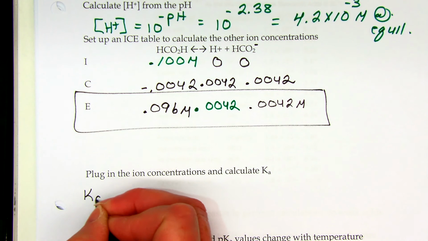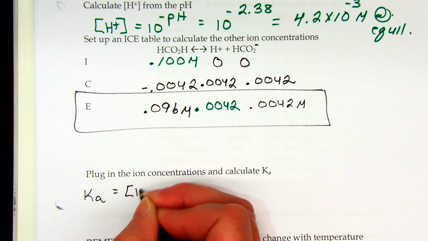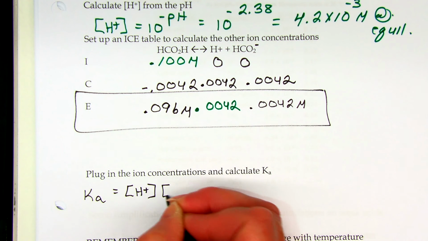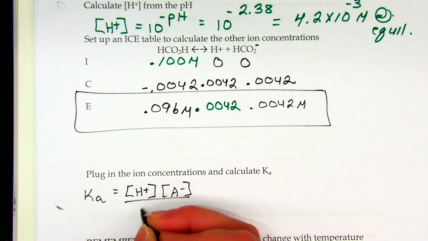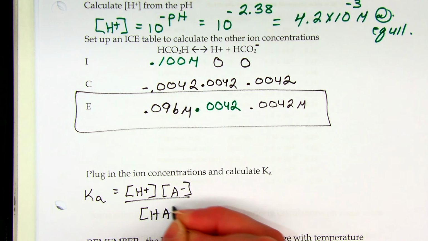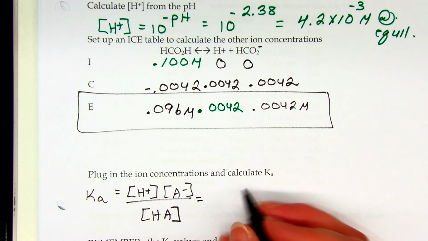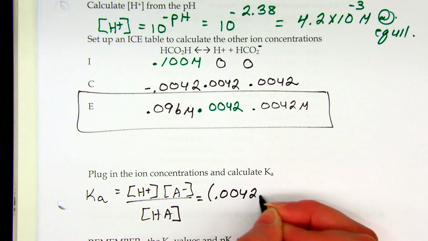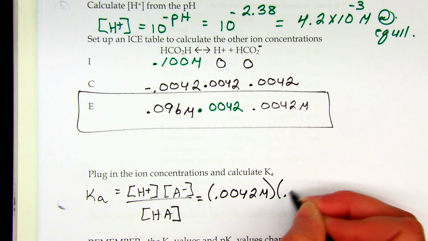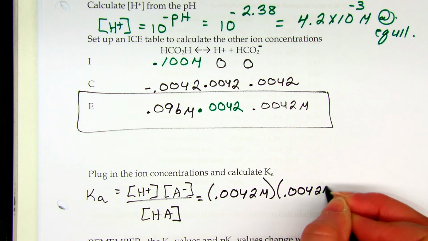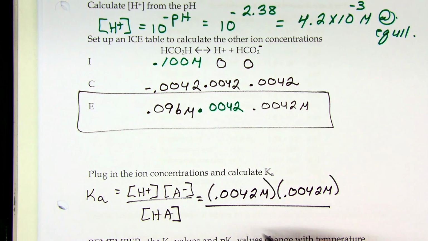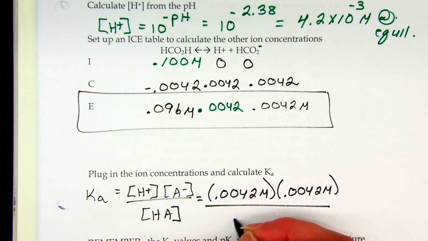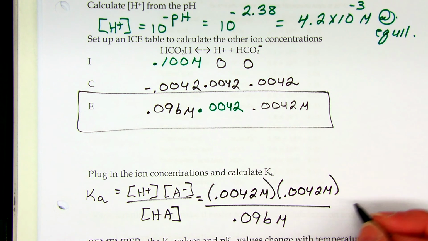So we have Ka is equal to H plus times A minus divided by HA. Now we just plug in our equilibrium concentrations. 0.0042 molar for the hydrogen, 0.0042 molar for the formate ion, divided by the equilibrium concentration of the acid, 0.096 molar.